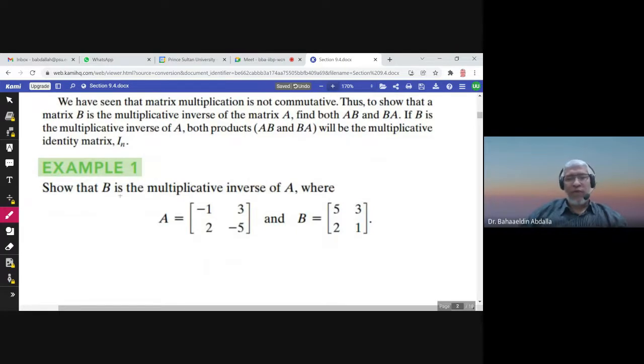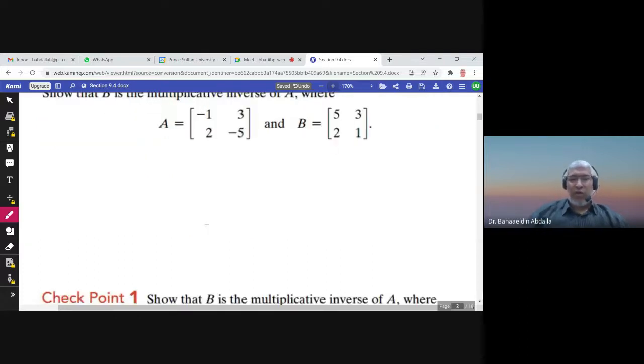If we have a question like this, show that B is the multiplicative inverse of A. Well, B would be the multiplicative inverse of A if we multiply A times B and we get the identity matrix for multiplication. So to check whether these two matrices are multiplicative inverses of each other, all we need to do is to multiply them.